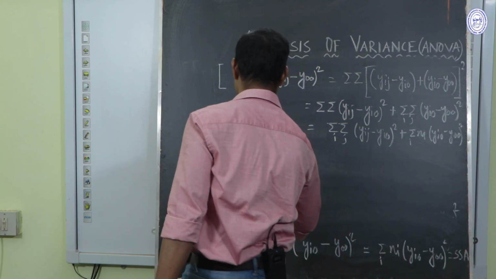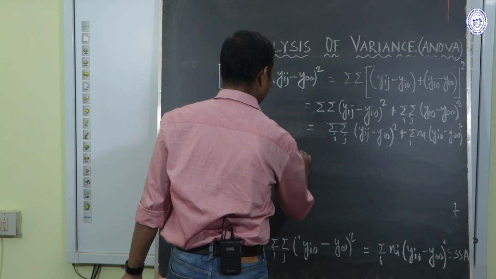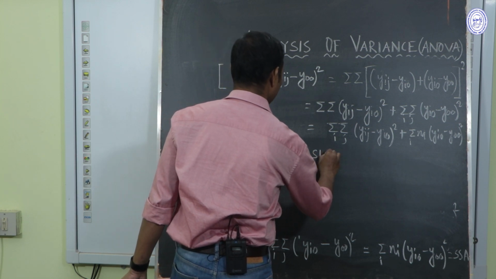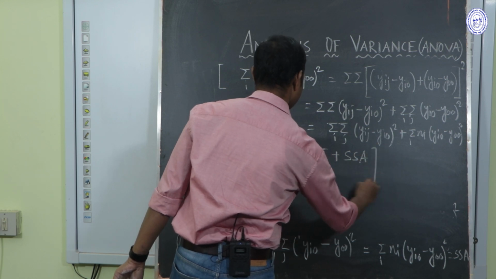This implies that total sum of square equal to sum of square due to error plus sum of square due to factor A.